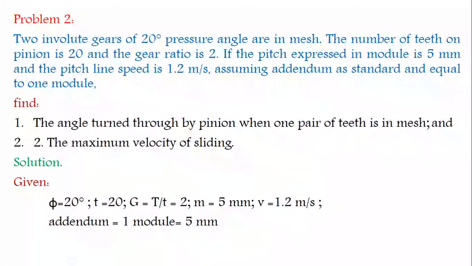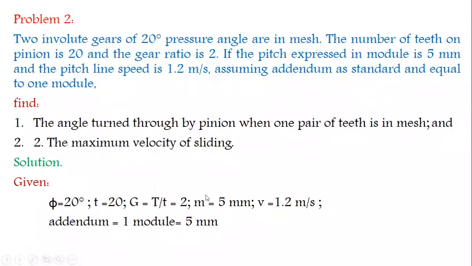Here the addendum value is equal to 1 module. Find the angle turned through by the pinion when one pair of teeth is in mesh, and second, the maximum velocity of sliding.